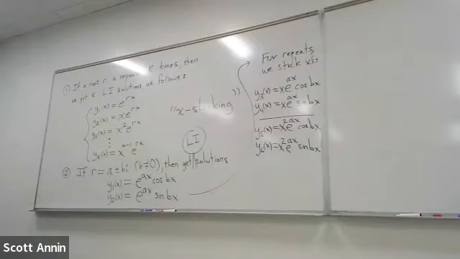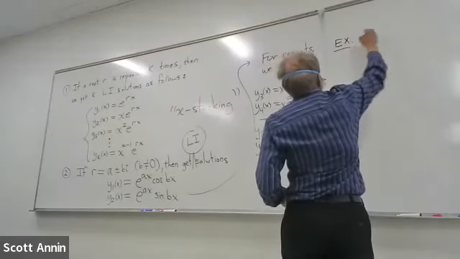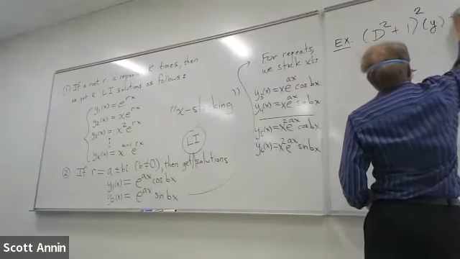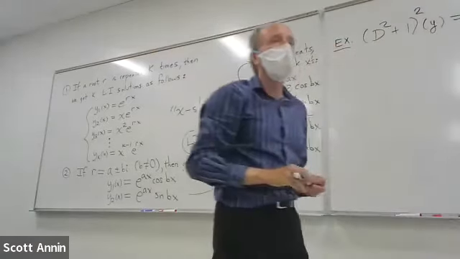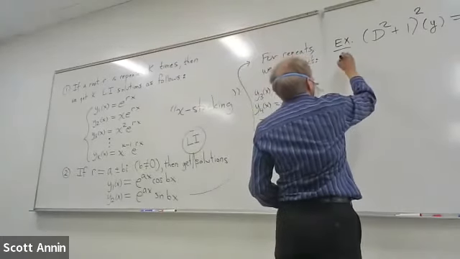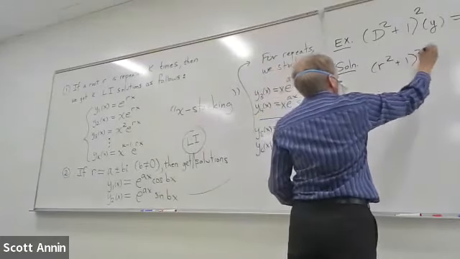So just as a quick example, if my differential equation had been (D squared plus 1) squared of y equals 0, then what are my roots here? Well, for the solution, I'm just gonna change all the D's to r's.